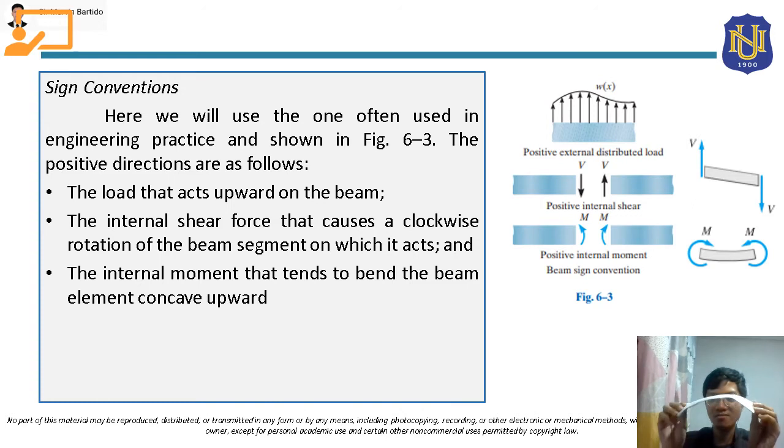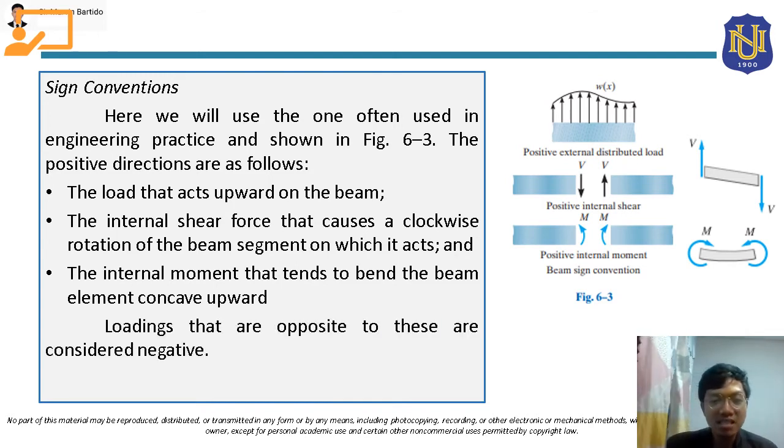Since this is concave downward, this will be negative. And also for this, if it is directed oppositely, the moment will be directed this way. This will bend the beam this way also. That will be concave downward, and it's sad. So that will be negative moment. So, class, loadings that are opposite to this are considered negative.